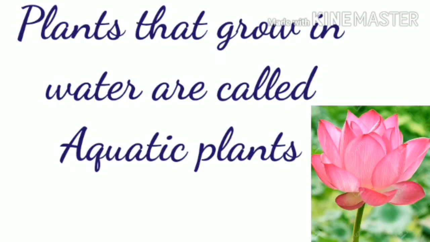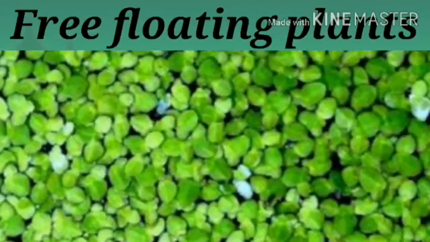Plants that grow in water are called aquatic plants. Aquatic plants can be divided into three groups. 1.